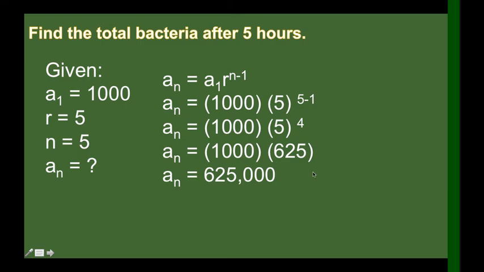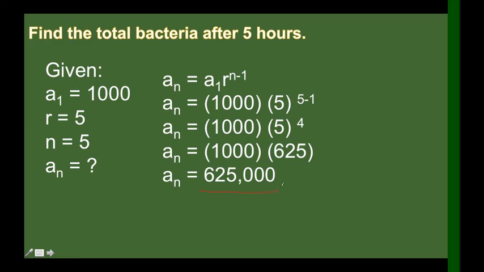So this is our solution. So we have a sub 1, which is 1,000, r which is 5, and n is 5. So 5 minus 1 is 4. 5 raised to 4 is 625, and multiplied by 1,000, the answer is 625,000.